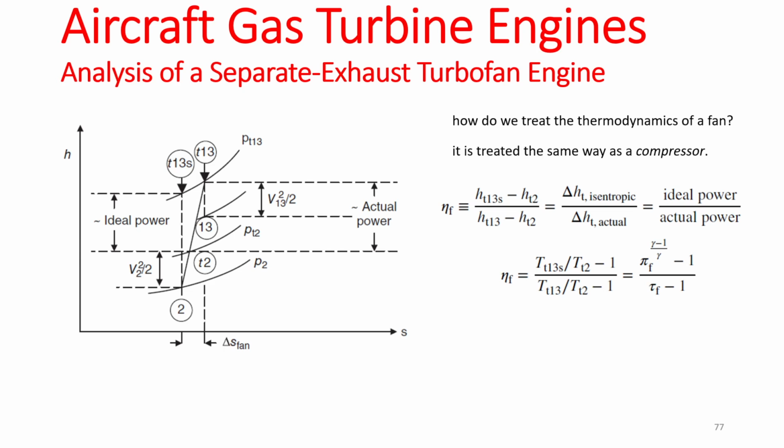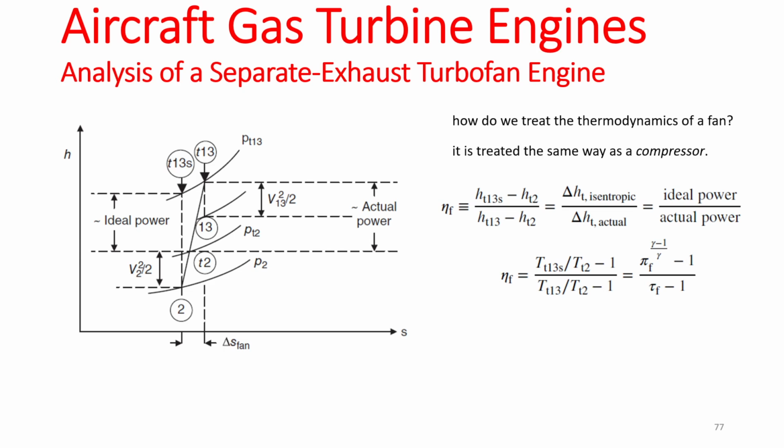This Tt13 over Tt2, that's your temperature ratio of the fan. That's how we define the temperature ratio, right? So we're going to have tau_f here, and this one is going to be the isentropic temperature ratio of the fan, or the temperature ratio of the fan when the process happens isentropically, right?